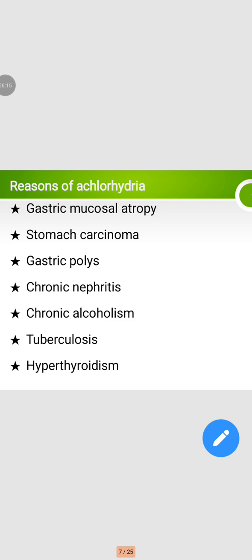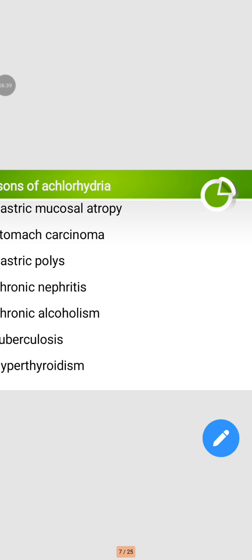Then chronic alcoholism, tuberculosis, that means TB, and hyperthyroidism. So these are the reasons of achlorhydria.